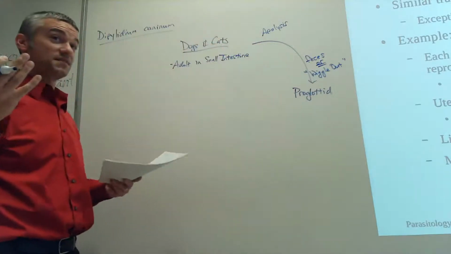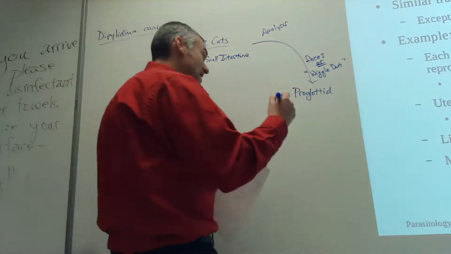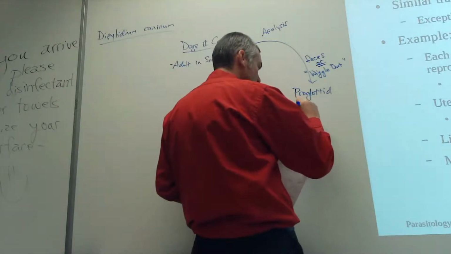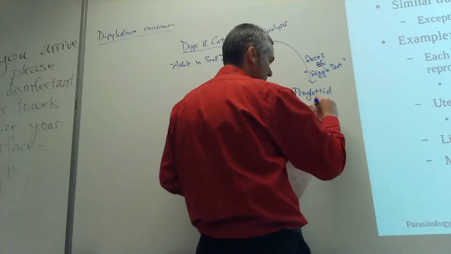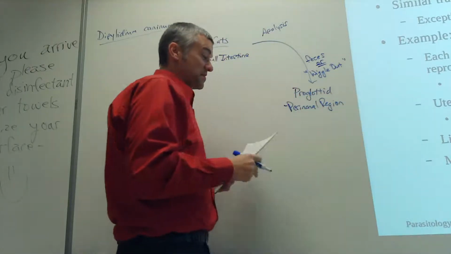Because again, proglottids have musculature in there. These things can actually wiggle out of the anus without having feces. And if that happens, then these things are around the perianal region. And that's typically where they need to go.